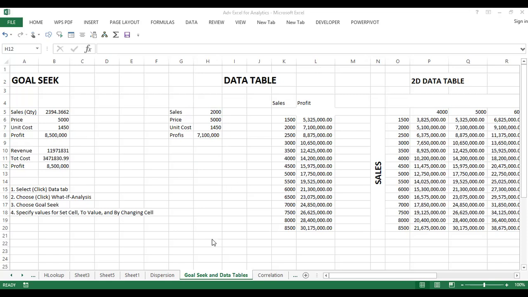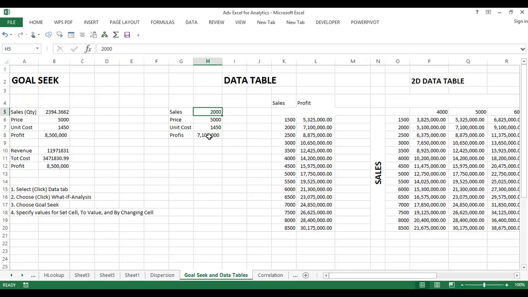Yes, sir, it's clear. Okay, so now our objective is to set or increase profit to 10 million by changing the value of sales. So how do we achieve that? We can use goal seek to do a thing like that. You use goal seek to set a particular variable to a certain value by changing another variable.